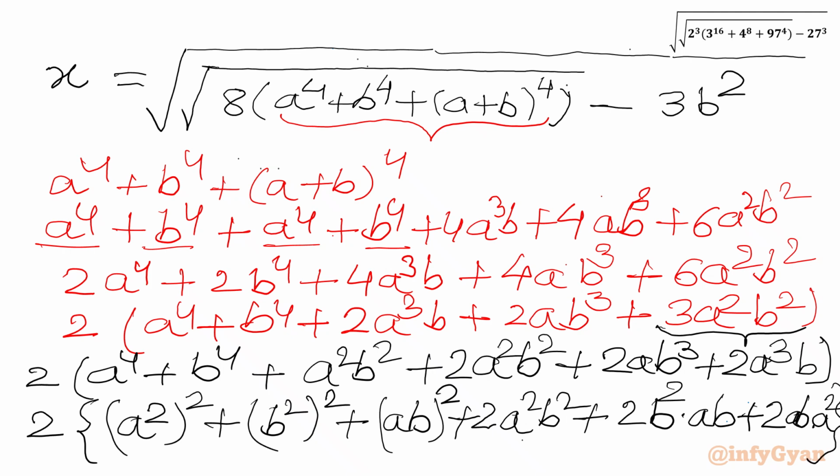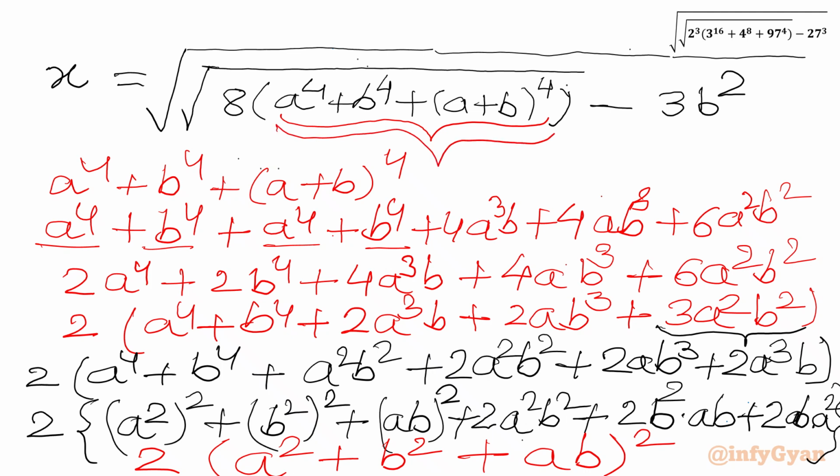Now this is one algebraic formula: a square plus b square plus c square plus 2ab plus 2bc plus 2ca. Here a is a square, b is b square, c is ab. So I can write this as, I can write 2 times in the bracket a square plus b square plus ab whole square. Let me write over here.